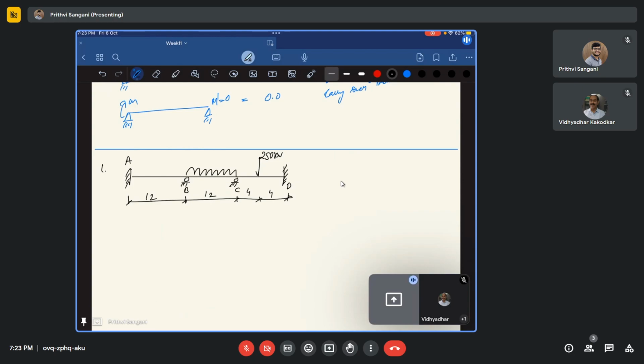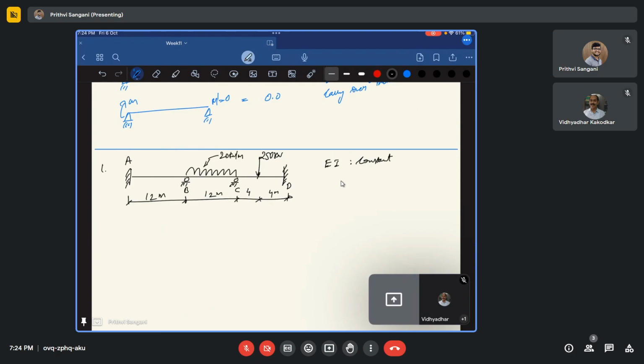Once everything is presented in detail in tabular form, it is easy to carry over the steps. Initially, let us take EI as constant. The lengths are all in meters, and the UDL is 20 kilonewton per meter.